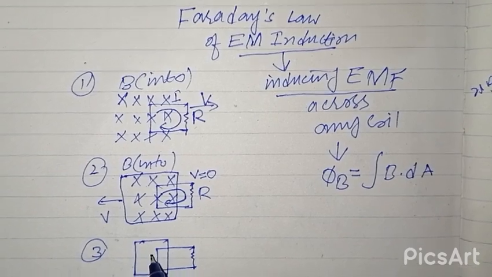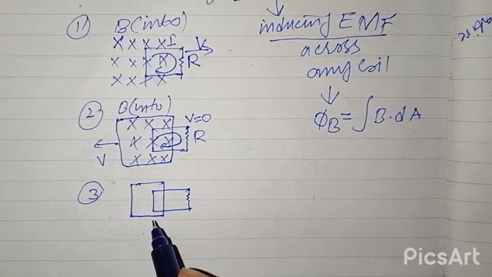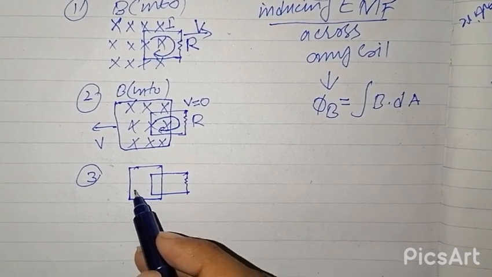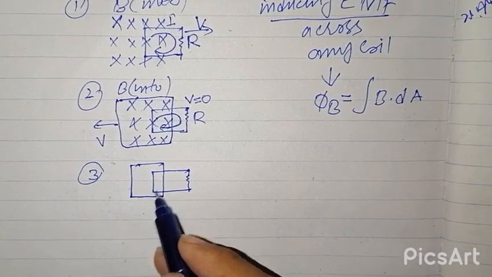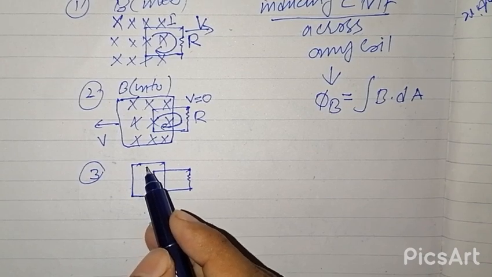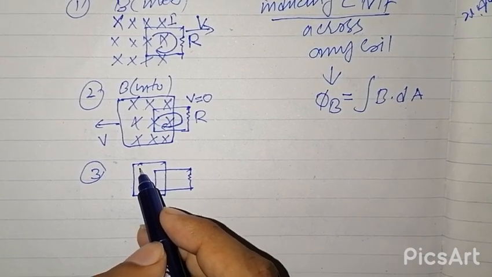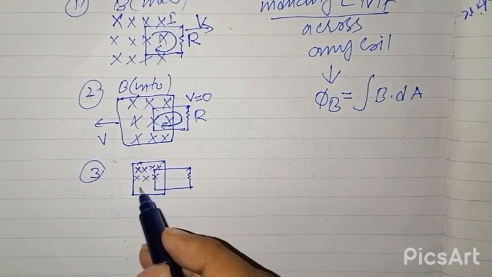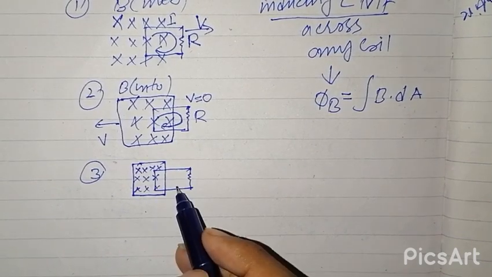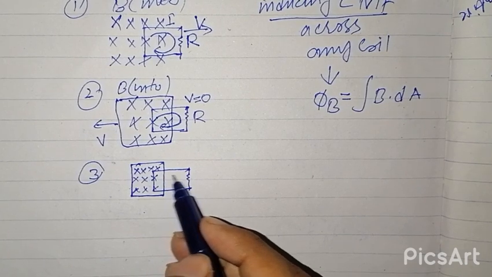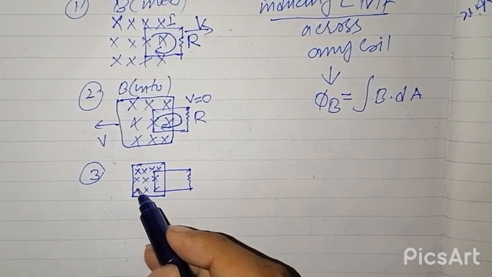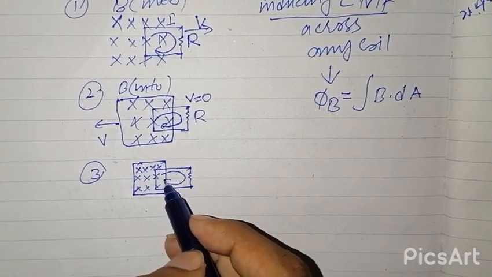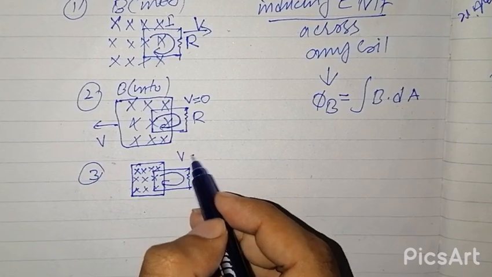Whenever you pass current through this electromagnet, you can produce a changing magnetic field. When you change the amount of current through this electromagnet, you can change the magnitude of the magnetic field. So when you place this coil into the magnetic field of this electromagnet, again an EMF is induced in this coil. Here both have velocity 0.